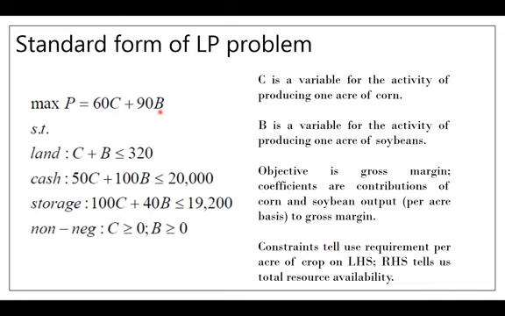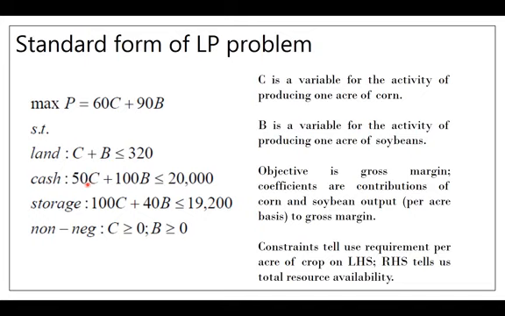And if this is 10 and this is 5, then I have twice as many acres worth of soybeans in the setup. The land constraint here is measured in those units. So every time you plant an acre of corn, it sort of uses one of the 320. You plant an acre of beans, it uses one of the 320.